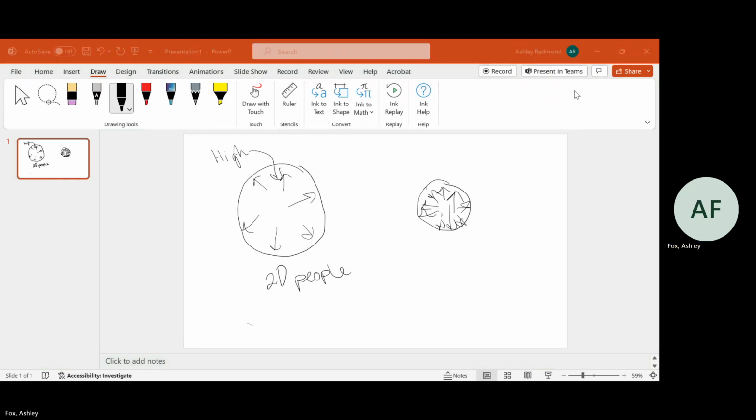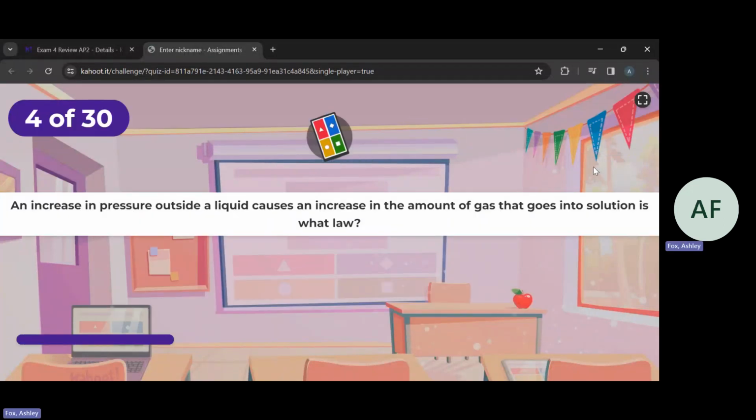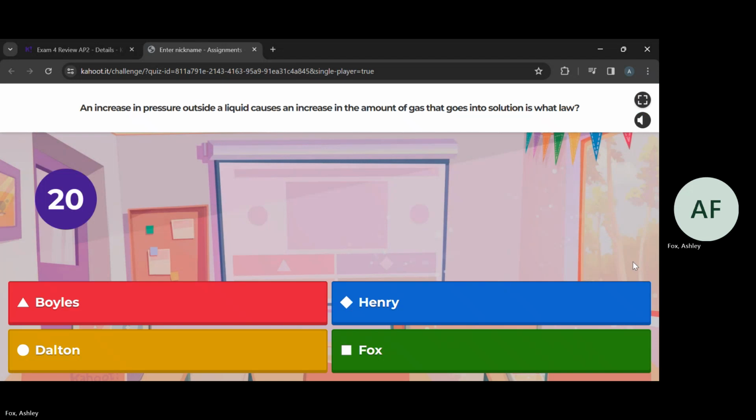Back to the question: an increase in pressure outside a liquid causes an increase in the amount of gas that goes into solution is what law?